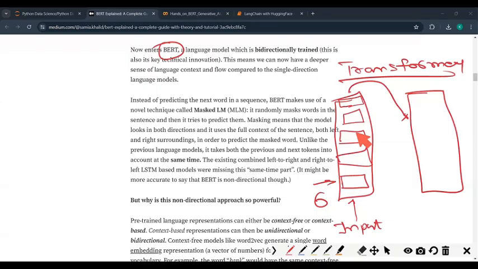One encoder is trying to understand the grammar. One encoder is trying to understand the language, which language this is in. Then another encoder is trying to understand the syntax, which word is written how and which word comes after which word. So there are a total of six encoders connected sequentially, and they all try to understand different themes inside a given input statement.